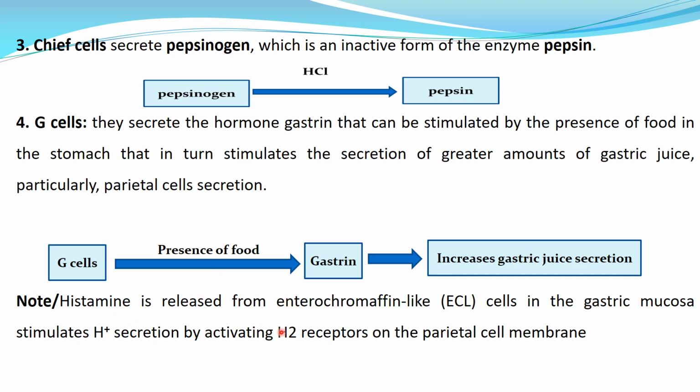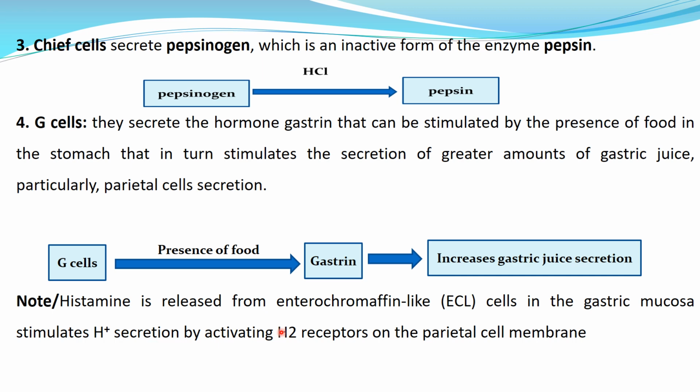What we have is histamine, which is released from the enterochromaffin-like cells in the gastric mucosa. So when there is an increased level of secretion of histamine, it induces the parietal cells to secrete hydrogen ions into the stomach.